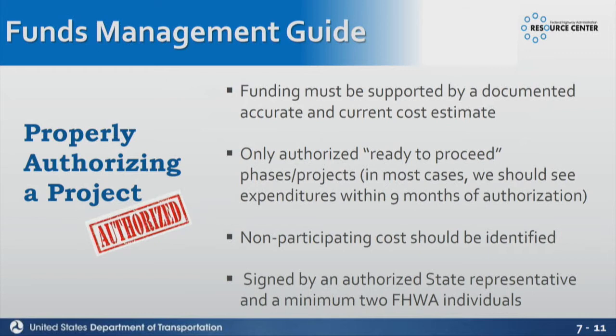You can guesstimate what construction is going to be, but you really don't know for sure until you get design done. So you should have a good method for identifying what that PE amount is.